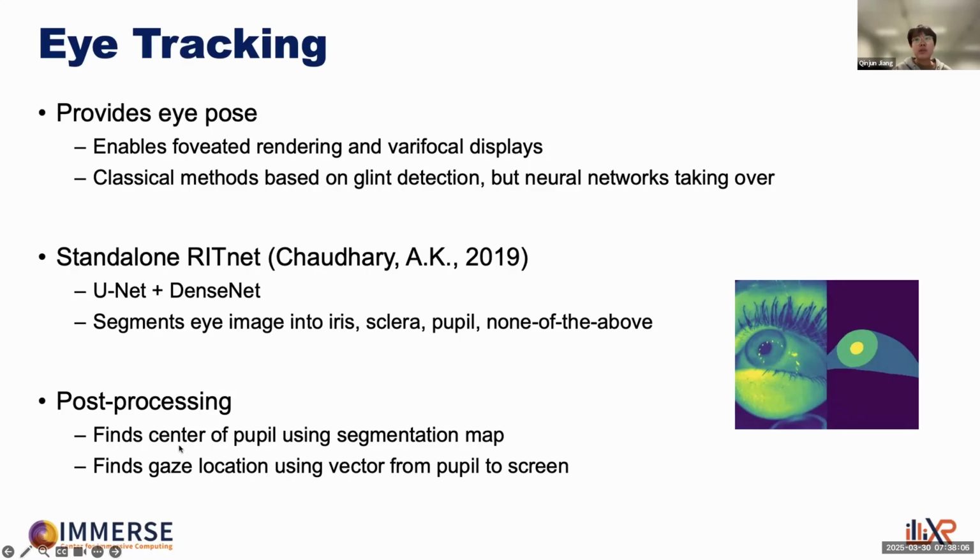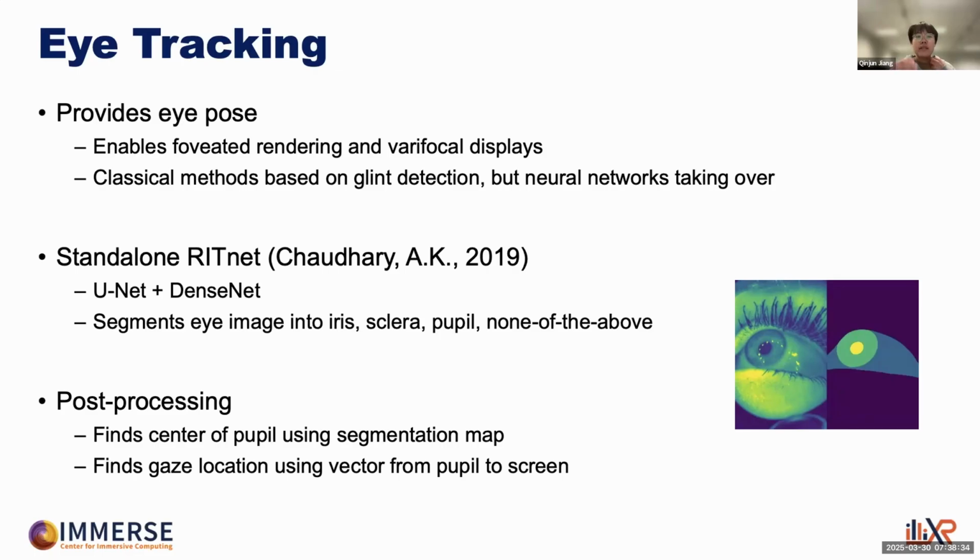Then there is a post-processing pipeline which, based on this segmented image, finds the center of the pupil, and then shoots a vector from the center of the pupil to the screen. Wherever that vector intersects with the screen, that's the gaze location. If you feed that information into the application, then it can do foveated rendering, and it can do other things like the varifocal display.